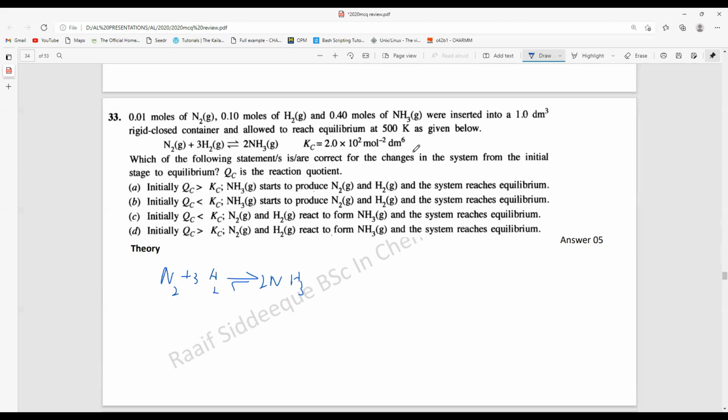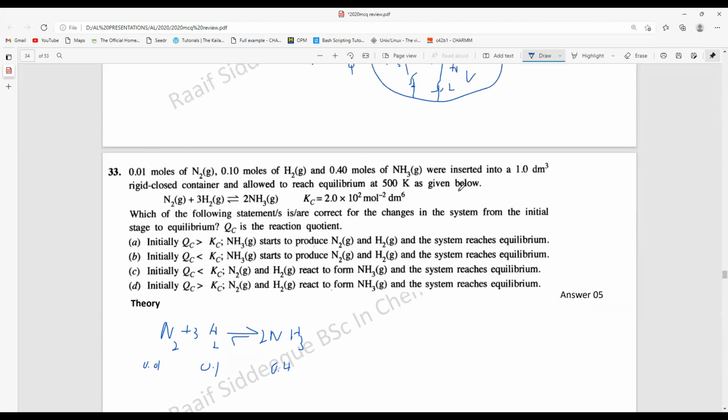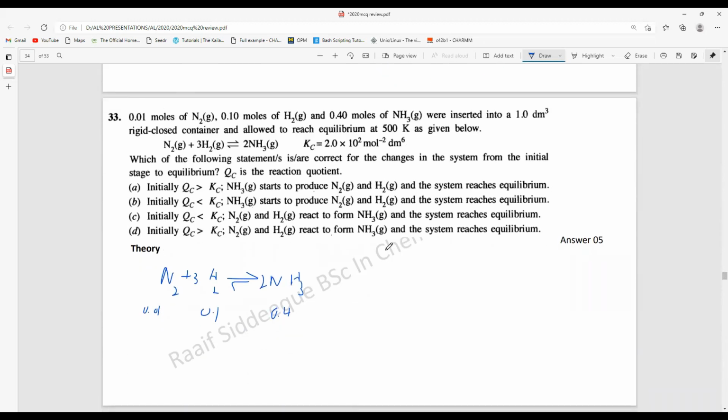For ammonia, the concentration is 0.4 M, hydrogen is 0.1, and nitrogen is 0.01, because 0.01 moles divided by 1 dm cubed means 0.01 mol dm minus 3. That is the concentration.